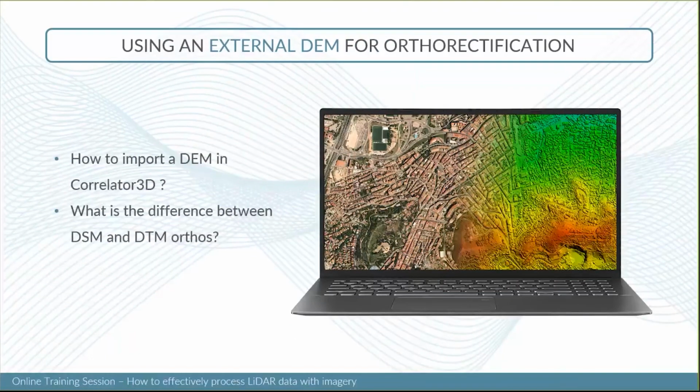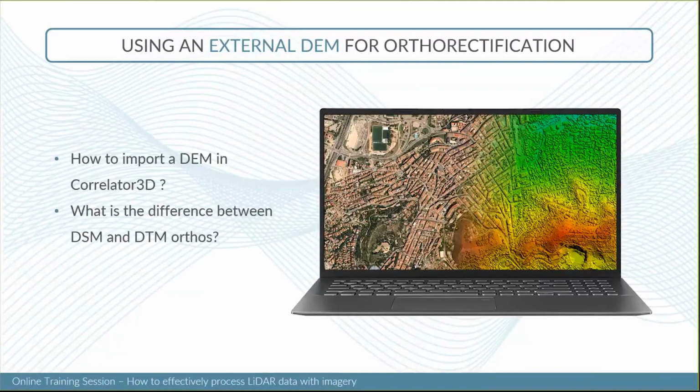The dense image matching is the most time-consuming part, taking probably around 40% of your processing workflow with photogrammetric data. If you use your LiDAR DEM, you're sure that your imagery is controlled over your LiDAR, so you could do the ortho rectification directly on such data.